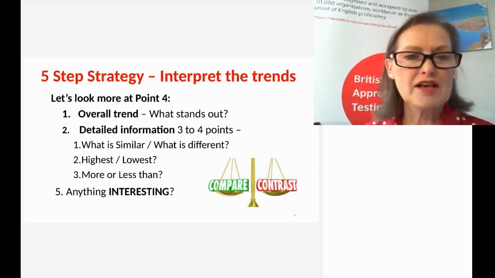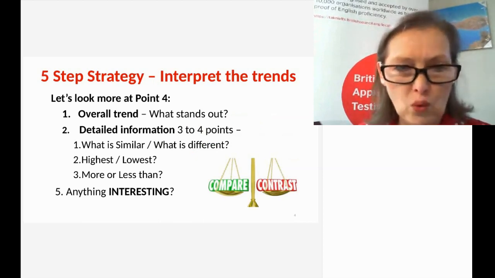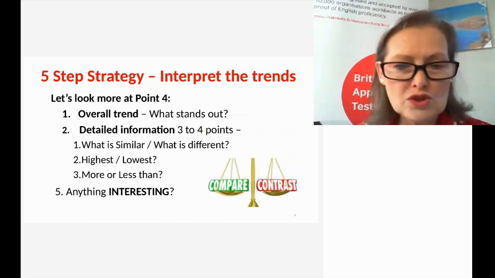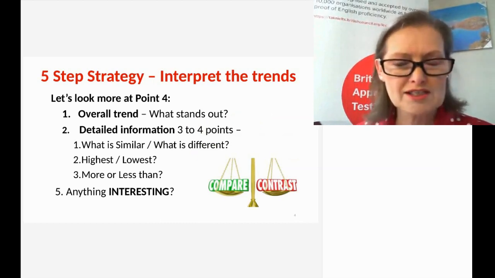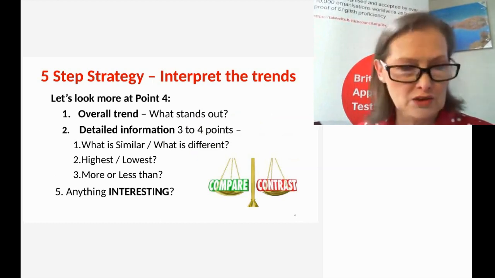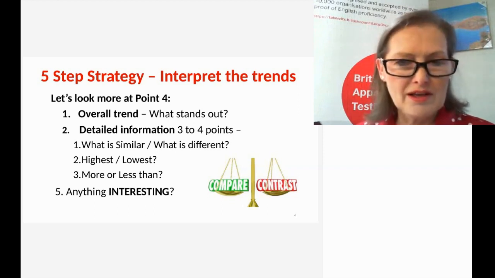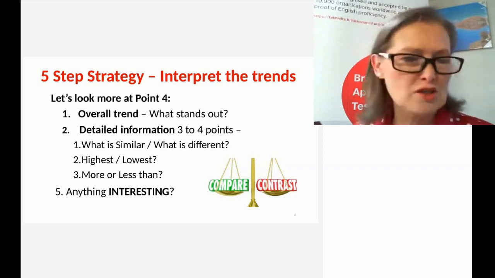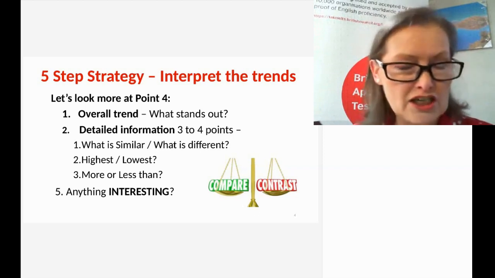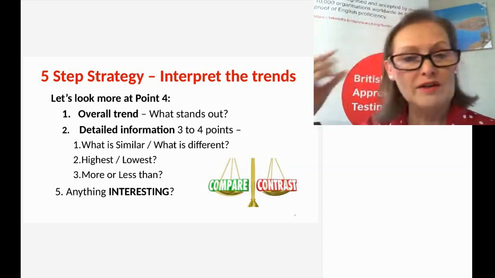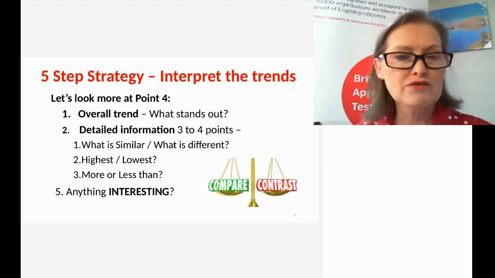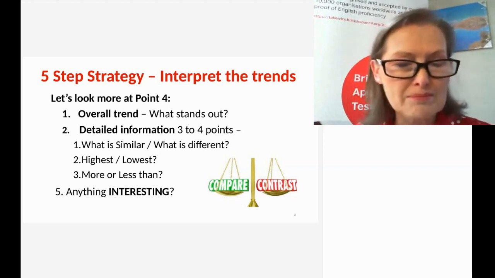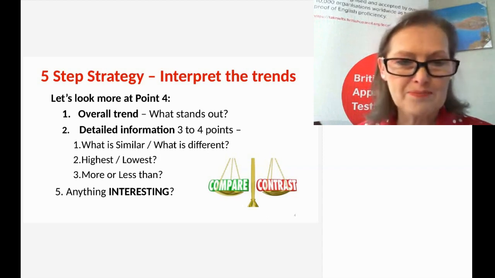So let's have a look more at point 4. The overall trend is going to be a main trend that stands out immediately I look at the graph. And that's kind of going to be an introduction, because we don't write an actual introduction when we're writing our writing task 1 report. But we can start with an overall trend where we don't actually mention figures.